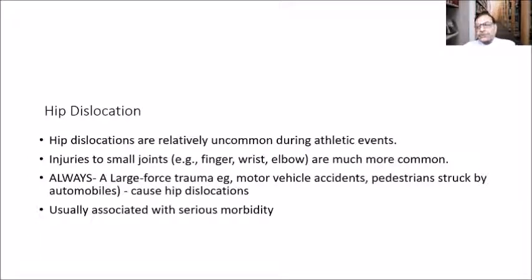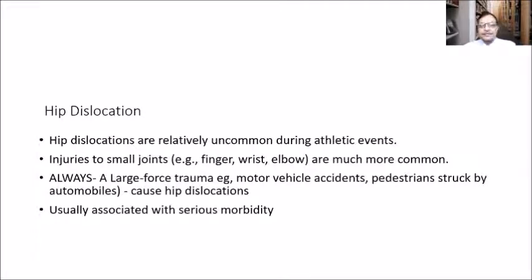The injuries to the small joints and their dislocation are common, not the hip. Say, for example, fingers, the interphalangeal, metacarpophalangeal joints, or wrist and elbow, but not the hip. And the reason is simple, because a very large force is required to dislocate the hip.